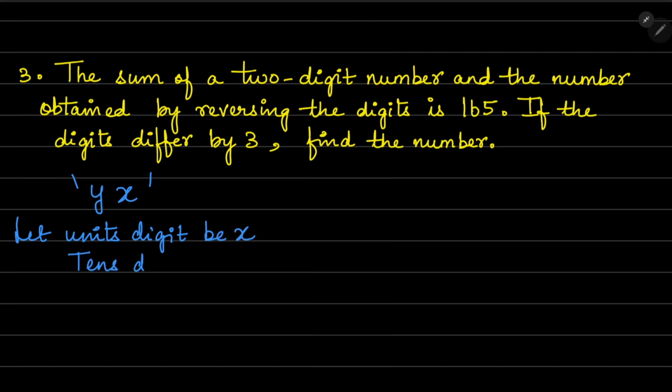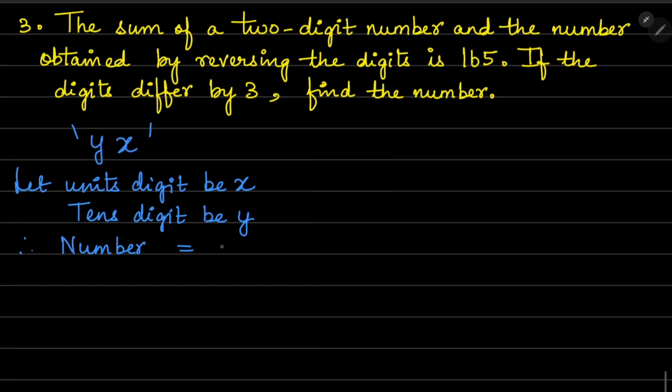Let the tens digit be y. So therefore, my original number, the expanded form, is 10y plus x. The reversed number, that means if the digits are reversed, is equal to 10x plus y.